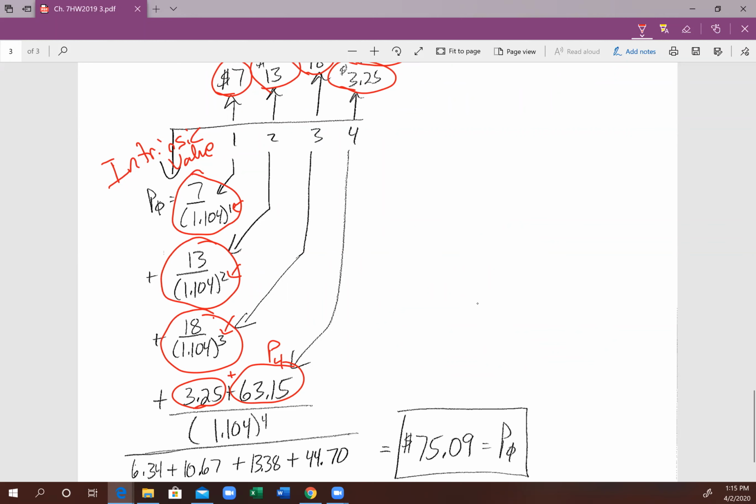The end of year 4 and beginning of year 5 are the same. So discount that back to year 0, and assuming the math is correct, add all those up. This should be 6.34. This should be 10.67. This should be 13.38. And these two discounted back to be 44.70. And that gives us 75.09.